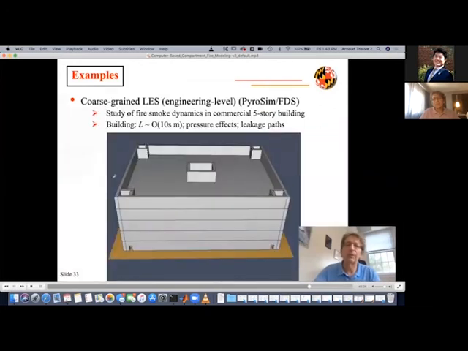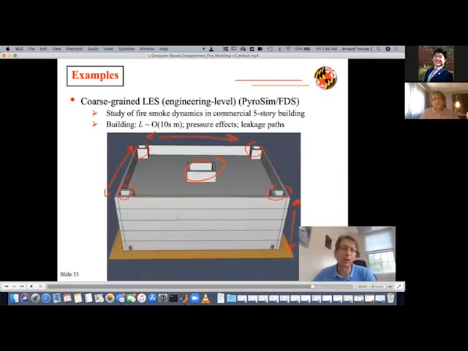We are looking at a building that is 40 meters deep, 50 meters wide, that has 5 stories, and is about 20 meters high. This is a commercial space, and we're representing the FDS geometry here, the central elevator shaft and the 4-corner stairwell present in the building.